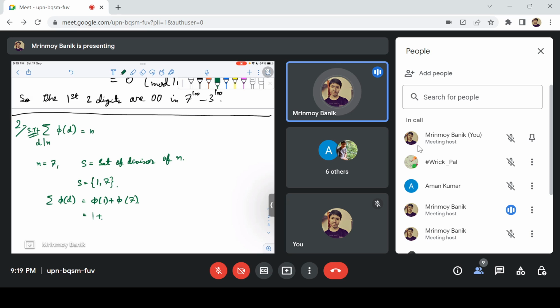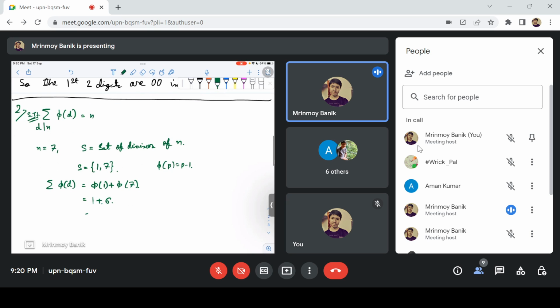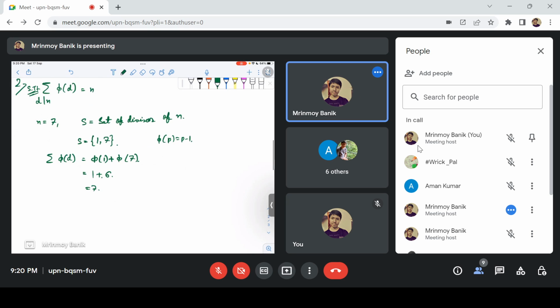And phi 7 is, well, how much? 6, right? Since 7 is a prime number, and for prime numbers, phi of any prime p is p minus 1. So they add up to 7. Okay, that's pretty obvious.